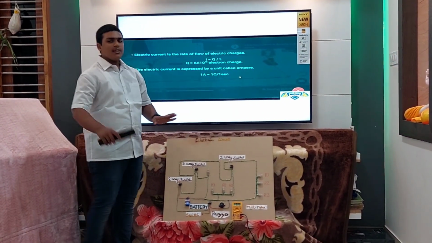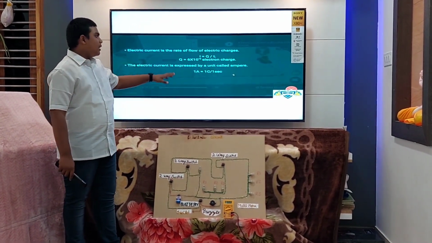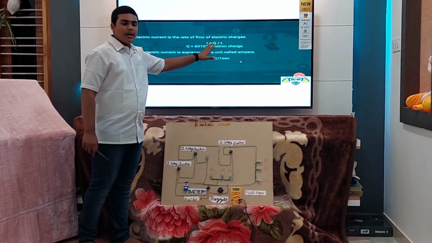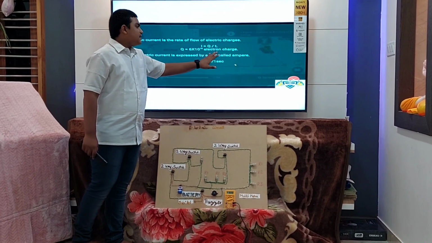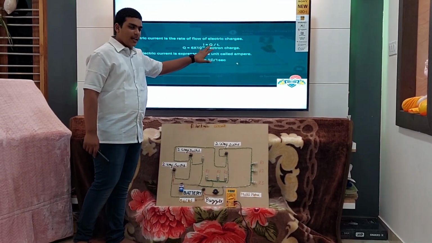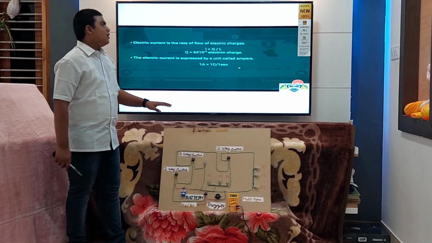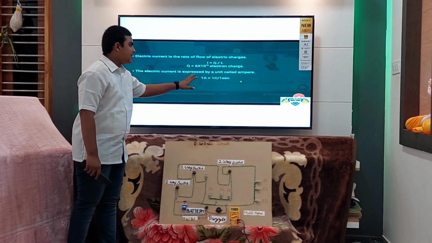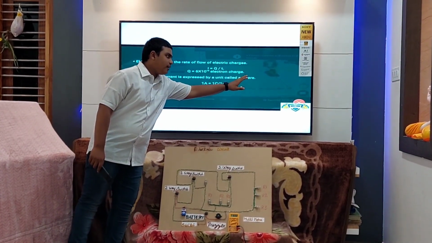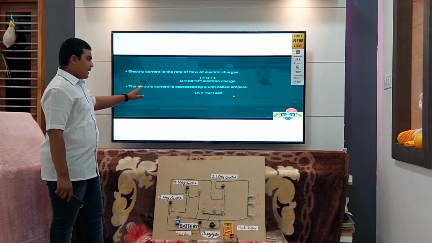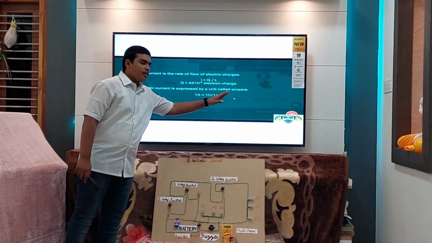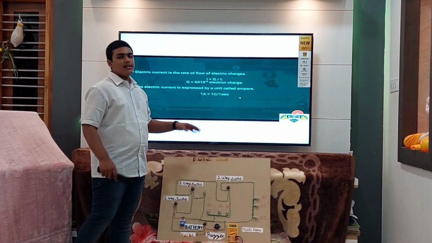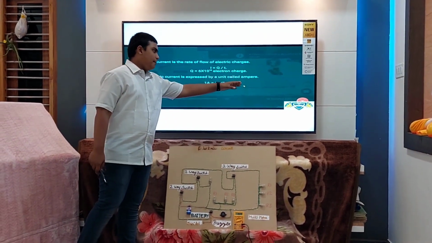Now, what is the Q value, you may be thinking? The Q value will be equal to 6 multiplied by 10 power 18 electron charge. The electric current is expressed by the unit of ampere.